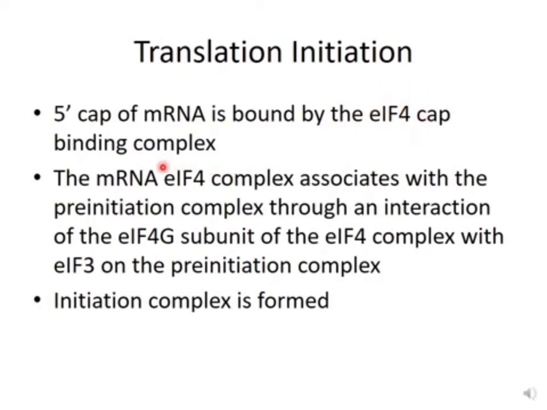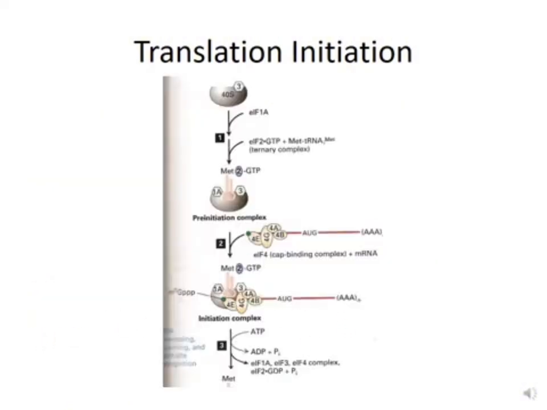This complex, the EIF4 plus the mRNA, associates with the pre-initiation complex that we just mentioned through the interaction of the G subunit of the EIF4 that is bound to the mRNA, and that is bound to the EIF3, which is already bound to the smaller subunit on the pre-initiation complex. This would form the initiation complex.